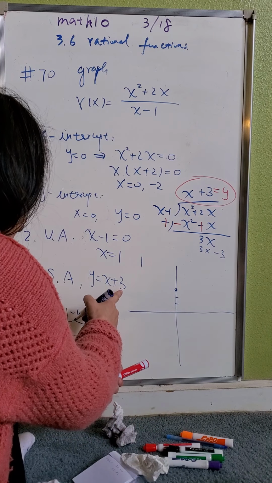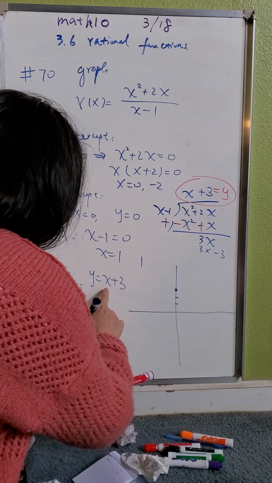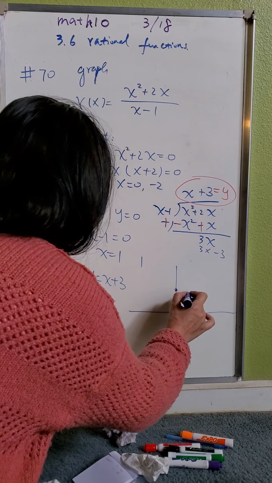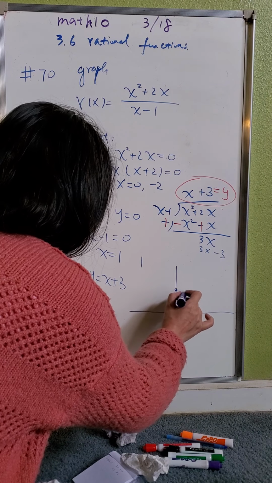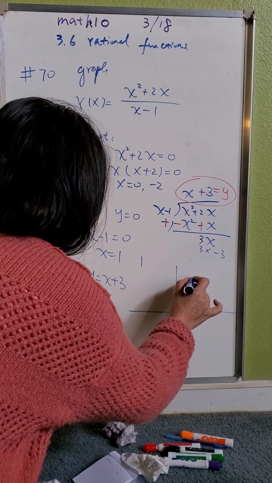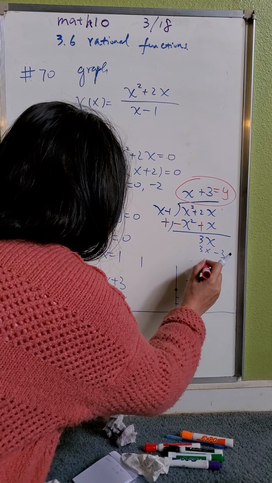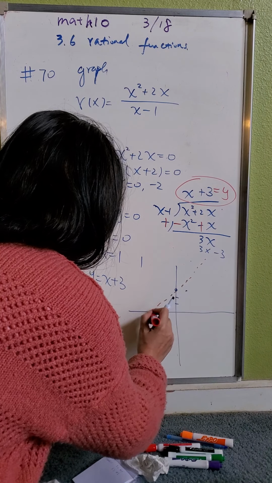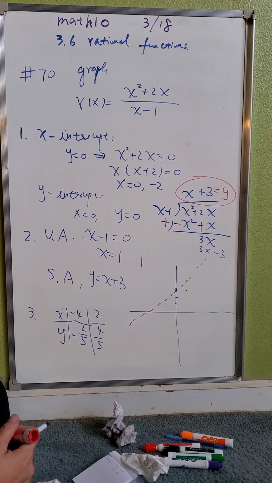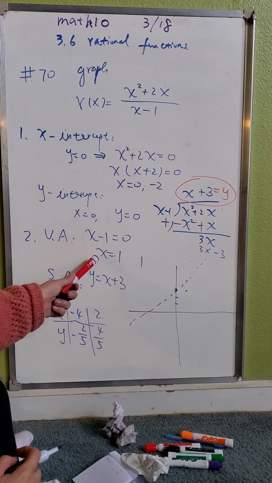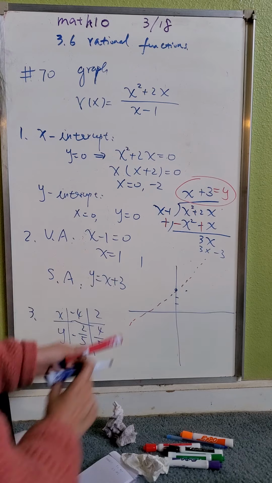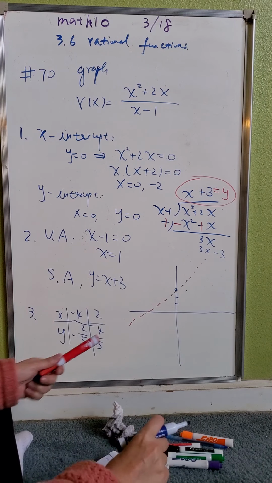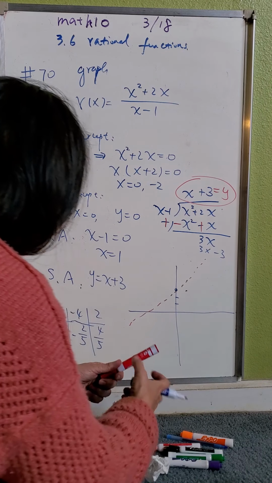That's your y-intercept, and then the slope equals 1, so it means 1 up for the rise and 1 to the right for the run. That's your slant asymptote. And then your vertical asymptote is x equal 1.